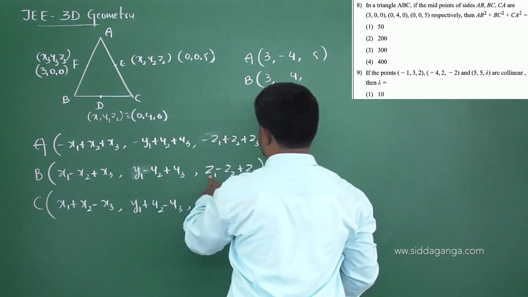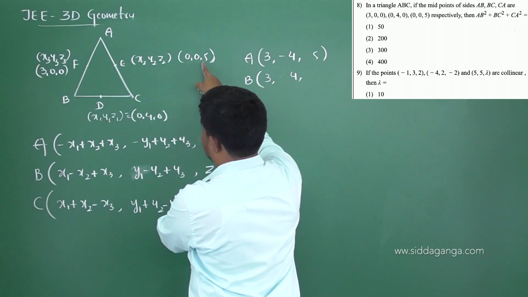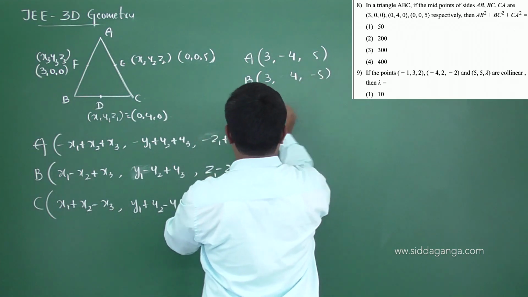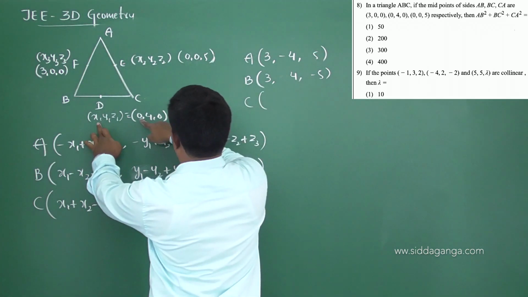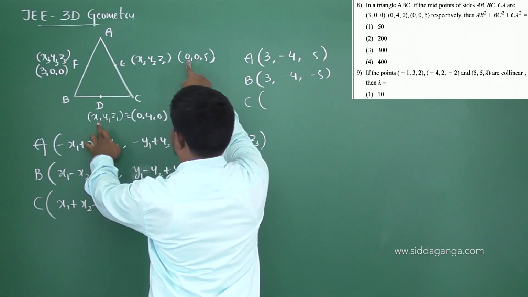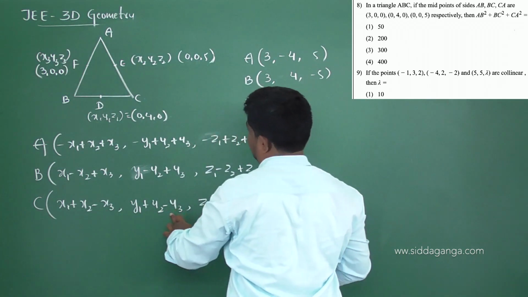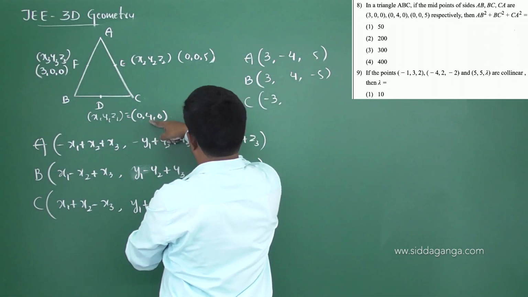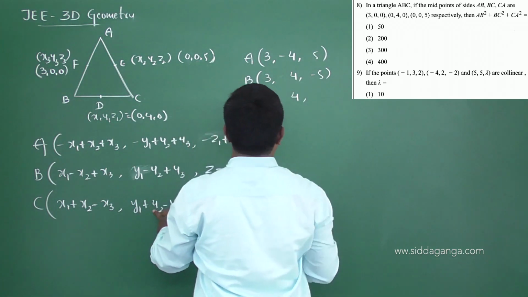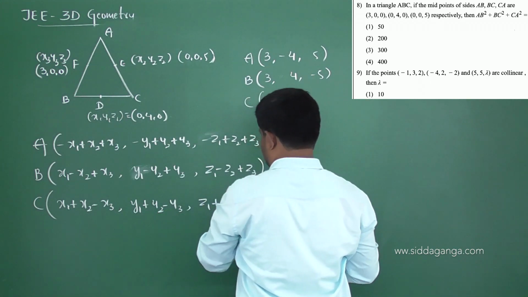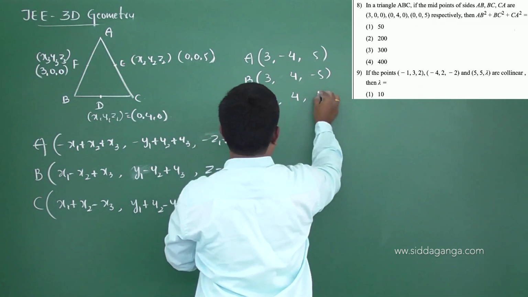And z1 is 0 minus z2, minus 5 plus 0, so minus 5. And C will have the coordinates x1 plus x2 minus x3, that is 0 plus 0 minus 3, minus 3, and y1 plus y2 minus y3, that is 4 plus 0 minus 0, so 4. And z1 plus z2 minus z3, 0 plus 5 minus 0, so 5.